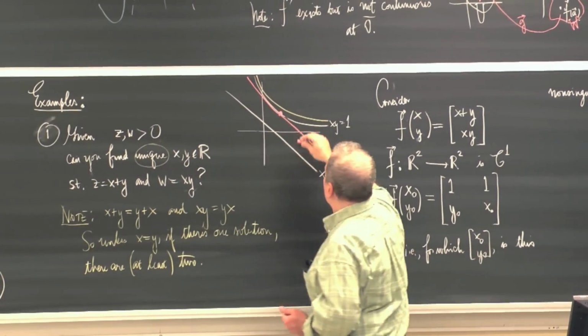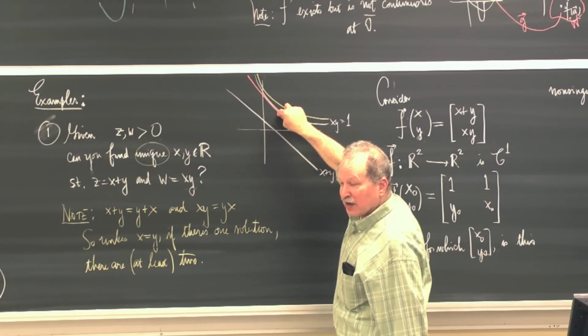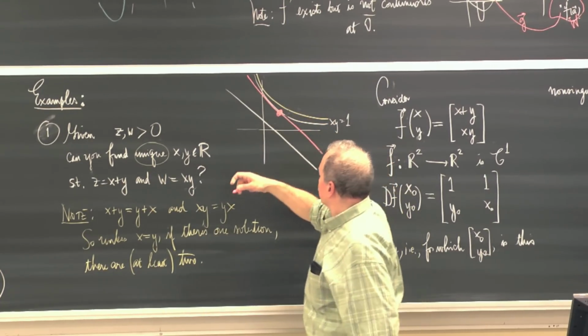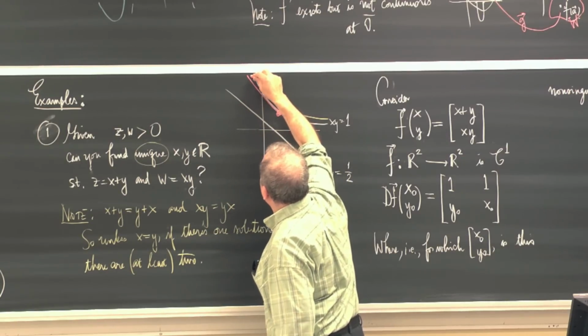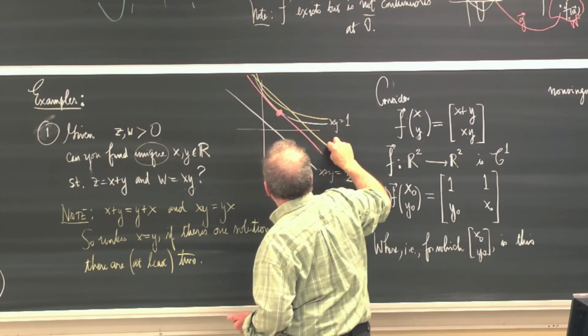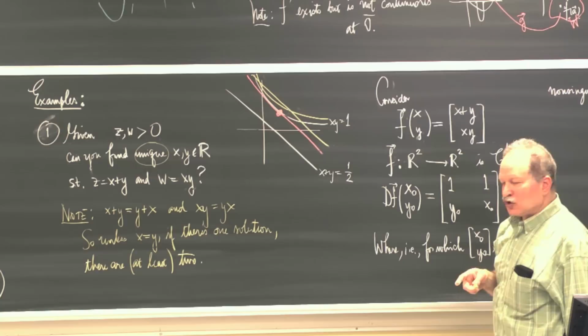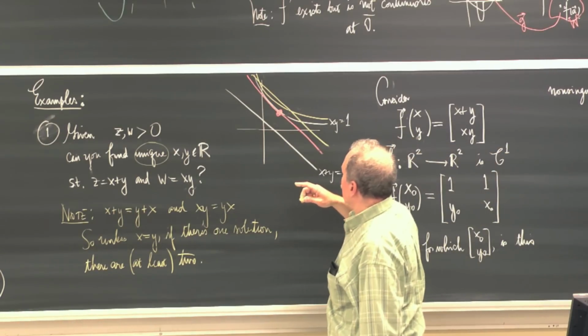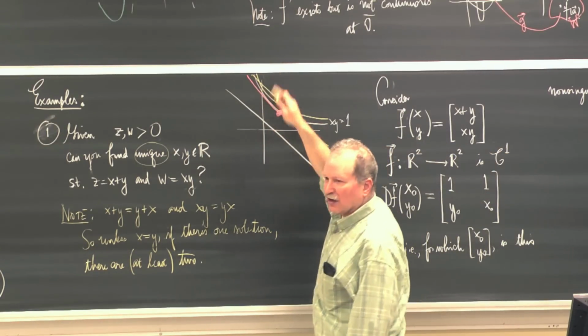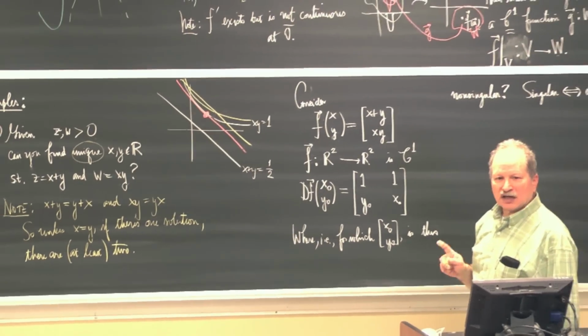You were saying x and y were equal, they gave me this solution. Now you wiggle the sum slightly, so you take a nearby sum and a nearby product. It isn't necessarily the case that you have a unique x and y.